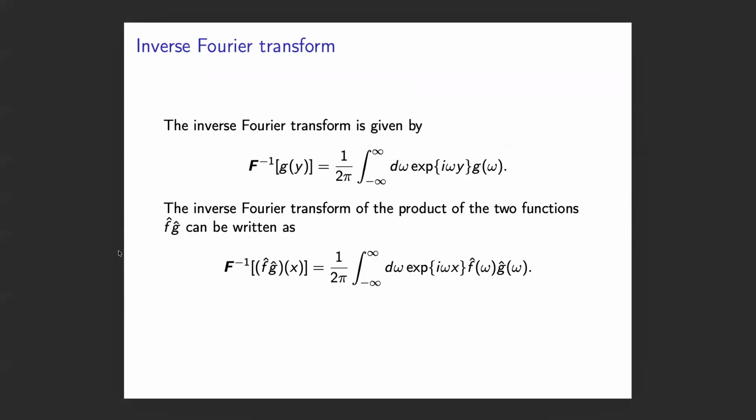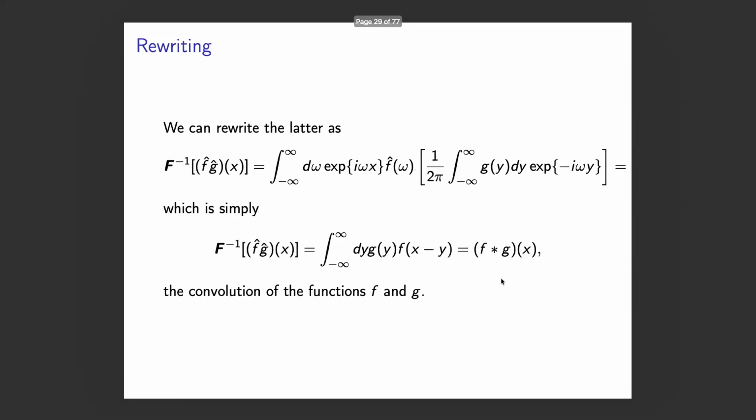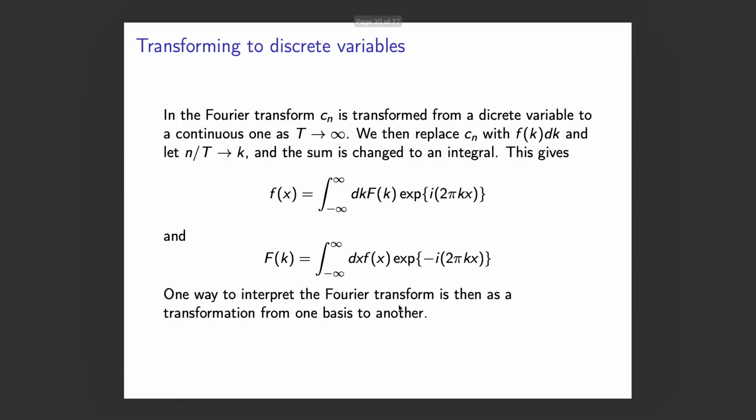We would normally define the inverse Fourier transform of a given function g of w, which is given simply by this exponential multiplied with the function itself. And the inverse transform of the product of two functions is given by this expression. You can rewrite the latter in terms of this function here, which is the convolution of f and g. So that's just another technicality.